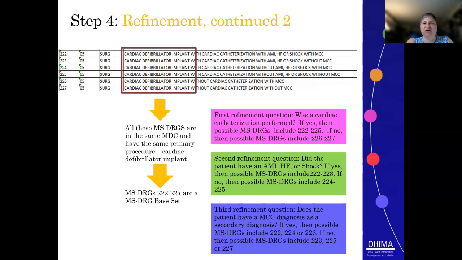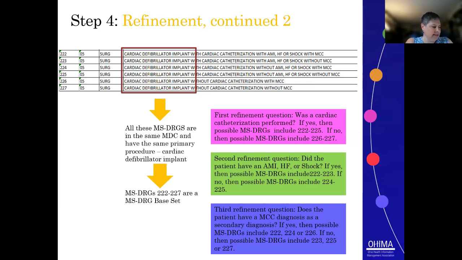You can see we have 4 MS-DRGs that have cardiac catheterization and 2 without. So answering this question narrows our choices from 6 to 4. And in our example, the answer is yes. So we move to consider MS-DRGs 222 through 225.